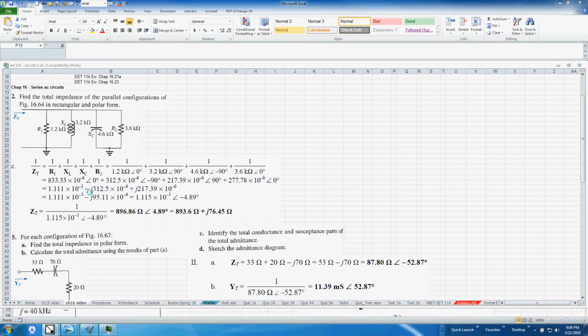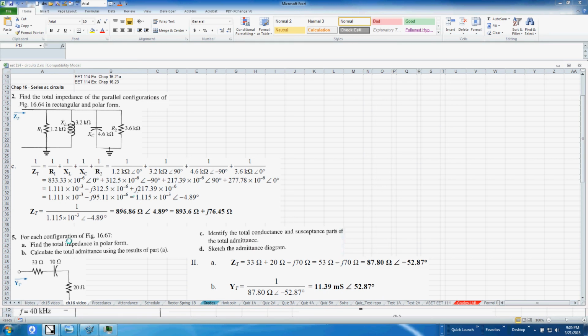Take this minus j, because this is negative 90 here, 312.5 times 10 to the negative 6, and then this 90 becomes a plus j, 217.39 times 10 to the negative 6. That's the easy way to do it.